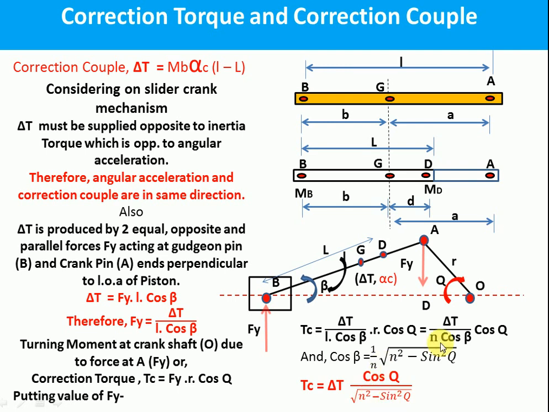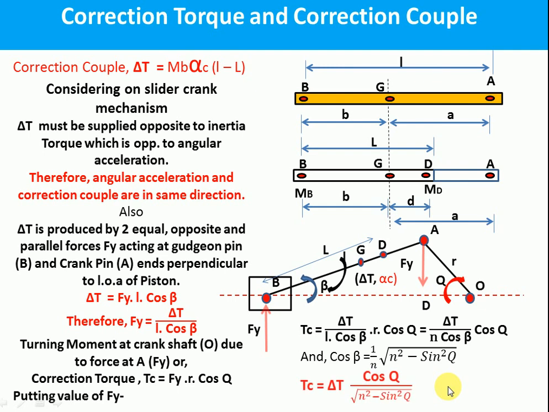We have replaced cos beta with 1 by n under root n square minus sin square theta, so n cos beta is written as under root n square minus sin square theta, where delta T is the correction couple, Tc is the correction torque, theta is the angle of the crank, and small n represents the ratio of the length of the connecting rod, small l, by r, the radius of the crank.